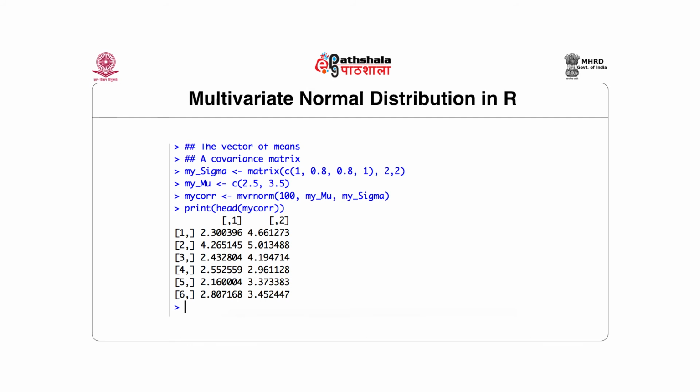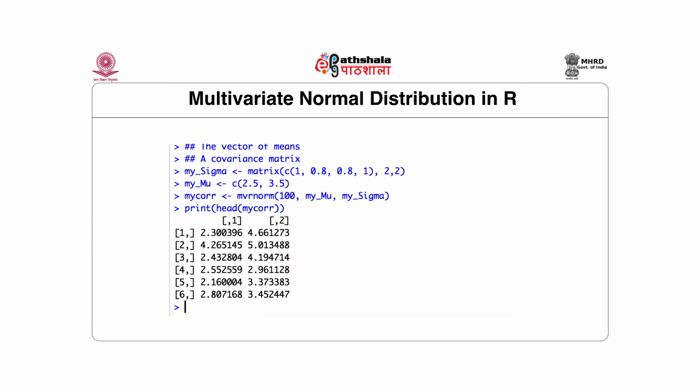In order to generate that, you give R a vector of means, and then you give it a covariance matrix. So we create the covariance matrix, which I've given an object name of sigma, and we have formed a matrix where the two variables are related to each other by 0.8 as their covariance.